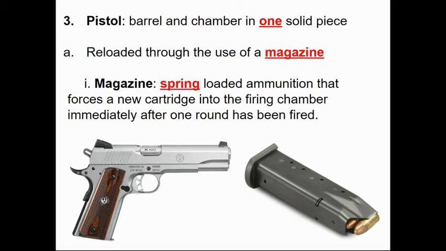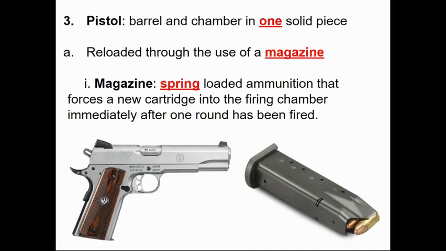And based on what state you live in and federal guidelines, there are regulations in terms of the legality of how many those can hold. But basically, what's going to happen is once the ammunition has been fired, this device loads a new round of ammunition so that when I pull the trigger, it fires, and it loads the next round.